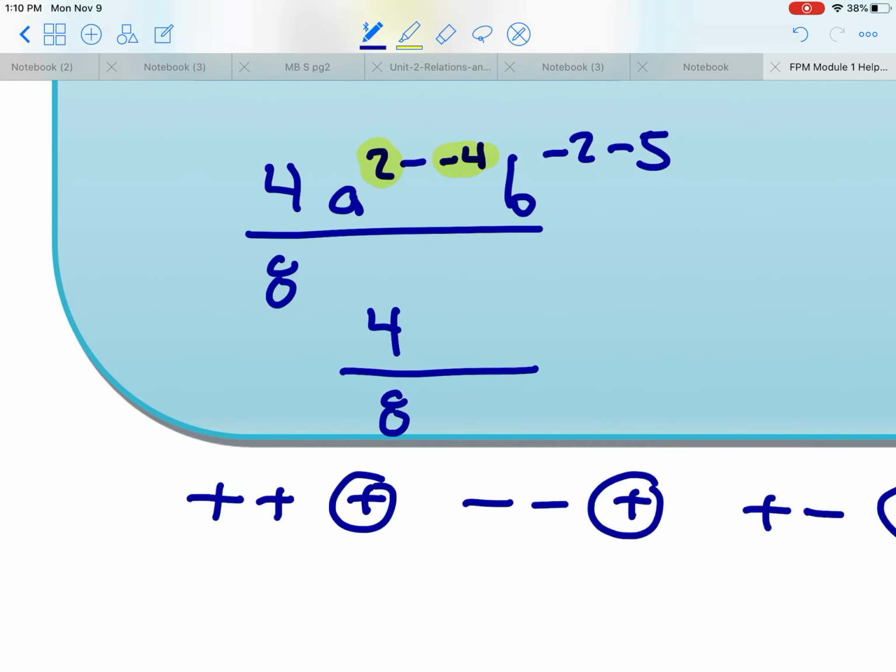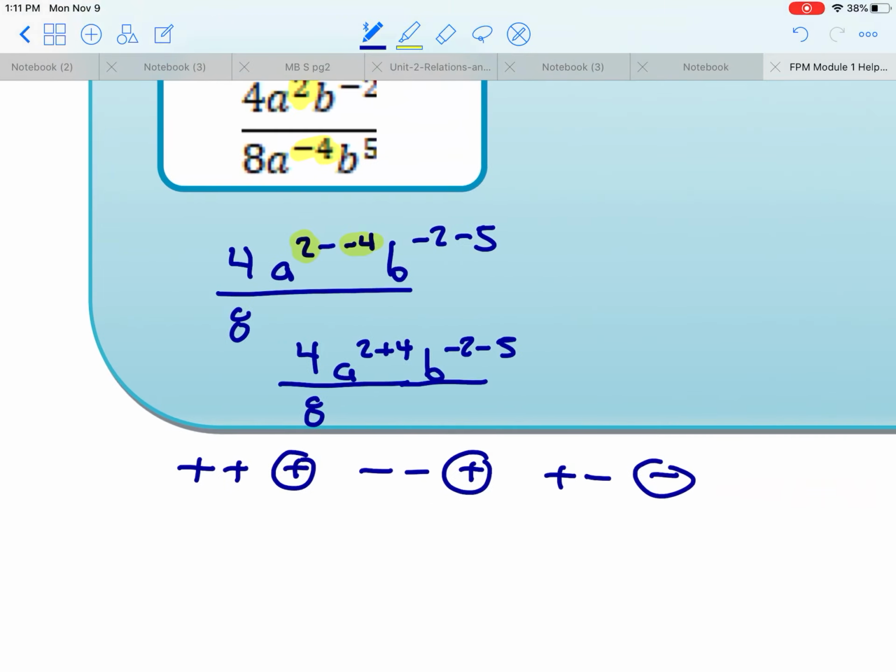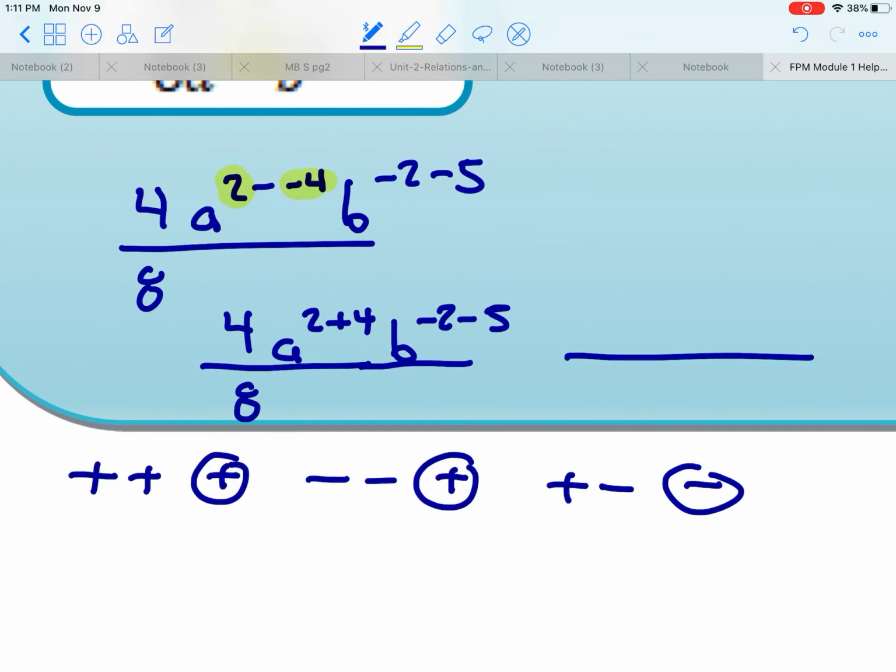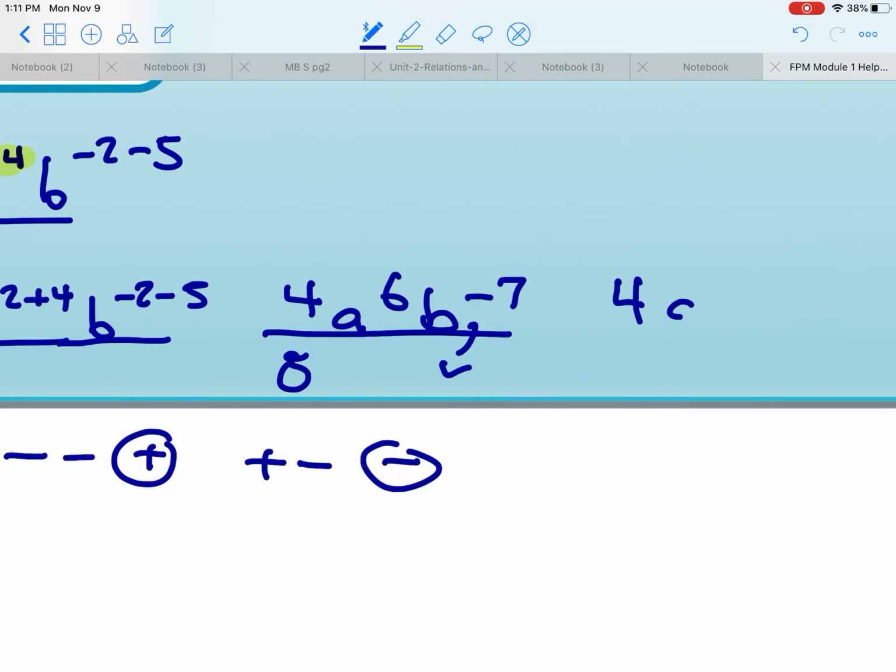So really this question is just 4 and 8, and this becomes a to the 2 plus 4, and the next one is just b to the negative 2 minus 5. That one didn't change because there's no double sign. Okay, clean it up. I get a to the 6, b to the negative 7. It means that my 7 is in the wrong spot, so it should be on the bottom.